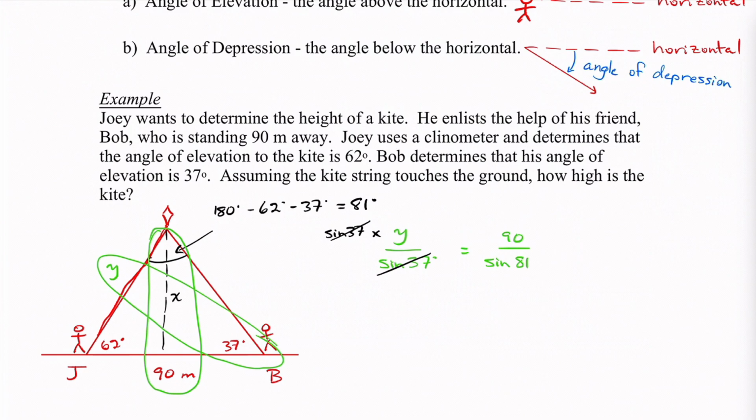Those will cancel out. Just got to remember, do it on the other side as well. And so I get Y is equal to 90 times sine of 37 divided by sine of 81 degrees. Okay, and then I'll put that into my calculator, and you're going to get 54.8385.